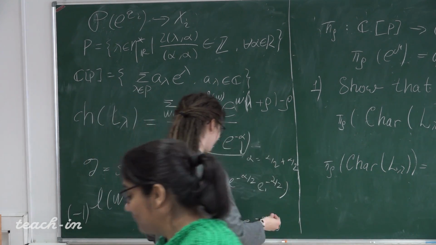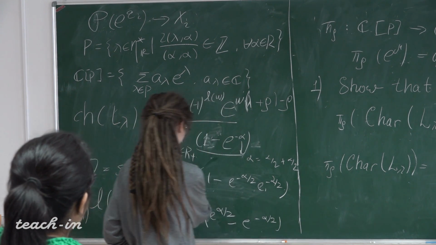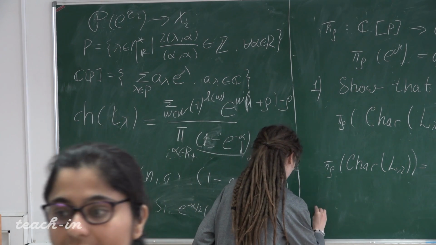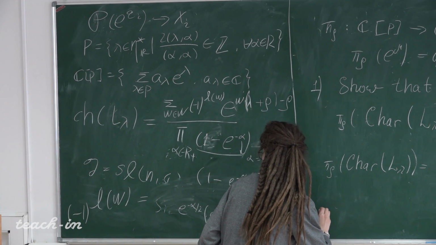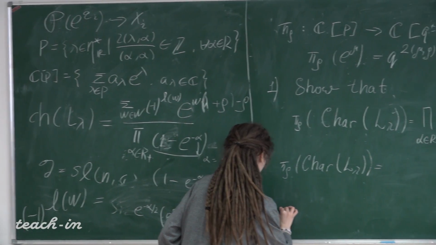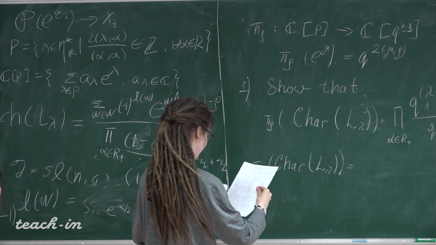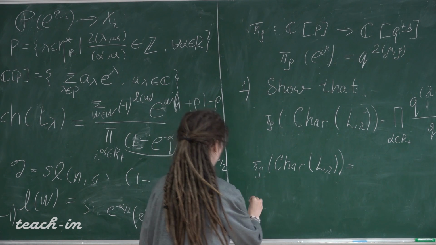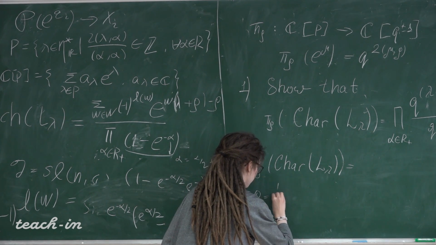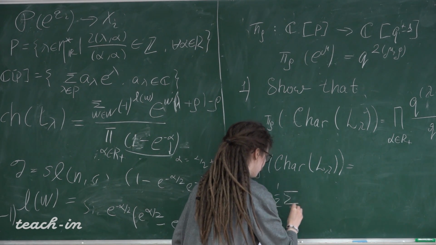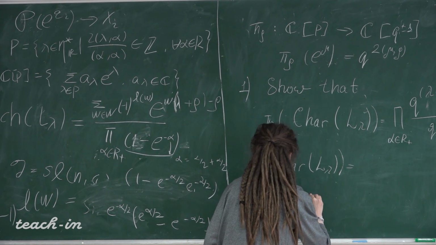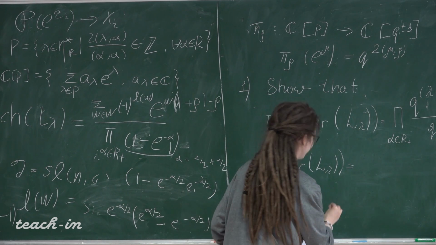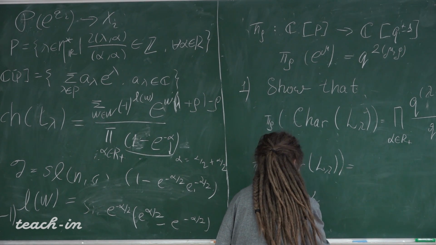Here it's simple because when we apply it, it will be... One second, I need to remind myself what that was. Because rho is 1/2 of the sum of all positive roots.